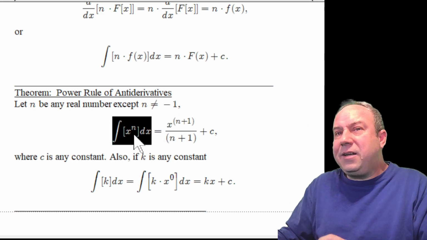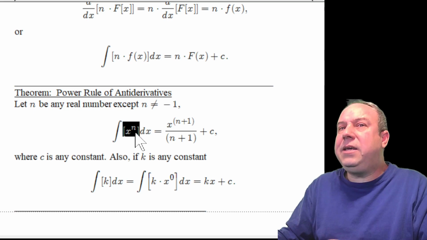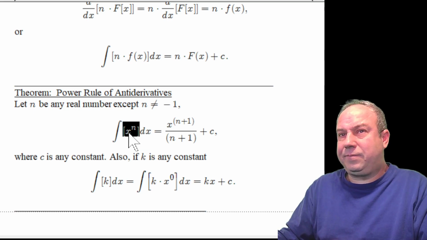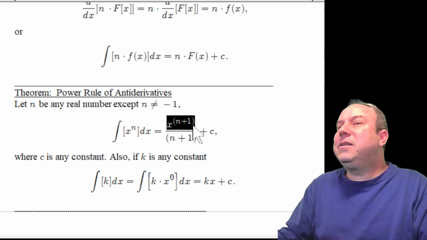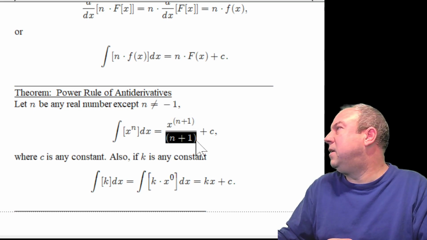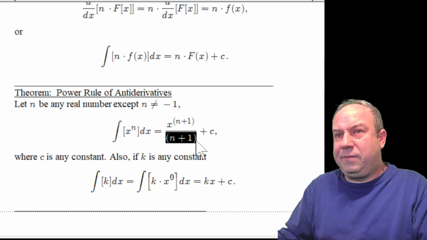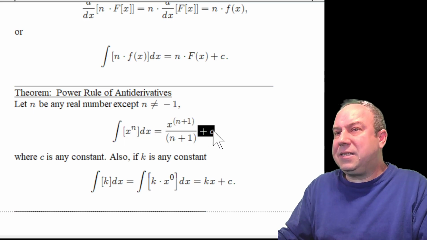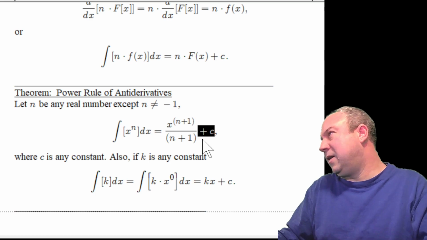The antiderivative of x raised to the power of n is going to be equal to x raised to the power of n plus 1 divided by n plus 1, plus the value of c, c being, again, any constant.